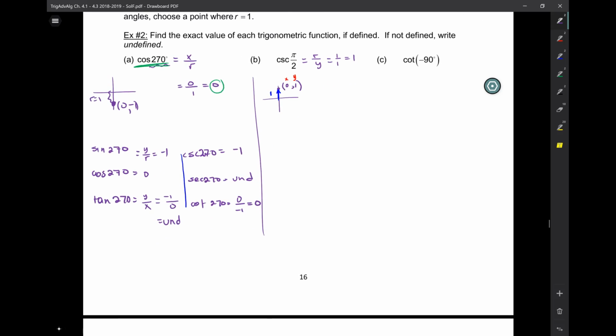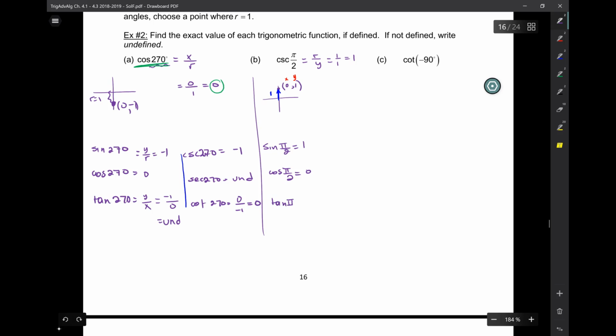And just for fun, can we come up with some of the other ones? What would sine of pi over 2 be? Sine of pi over 2 is y over r, so just 1. Cosine of pi over 2 would be x over r, so it would be how much? Cosine of pi over 2 is 0.